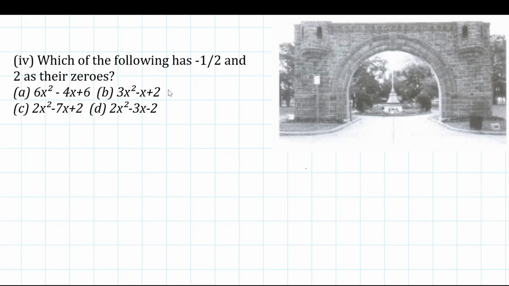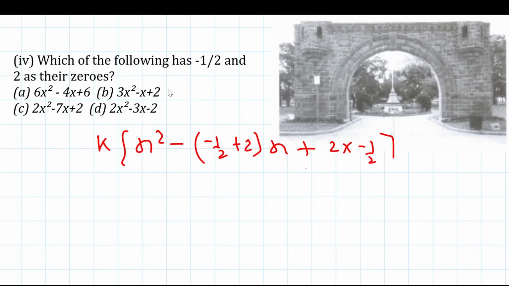Instead, we can simply make a polynomial using these as the zeros and then compare the answer. We write k times x square minus the sum of the zeros, minus half plus 2, times x, plus the product of the zeros, that is 2 multiplied by minus half. So this is k times bracket x square minus, what is the sum? Two minus half is 1.5 positive, which is 3 by 2, times x, plus, here the 2 cancels, so plus minus is minus, we write minus 1.